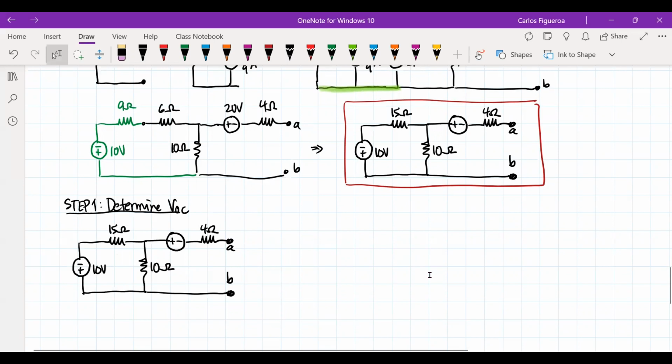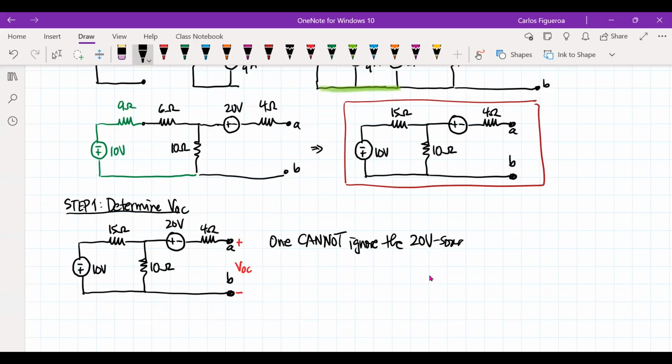The way we've set this up, this is my plus, that's my minus, and this is VOC. When I look at this circuit for VOC, I cannot ignore that 20-volt source, because it's an open circuit here. One cannot ignore the 20-volt source in the open circuit.